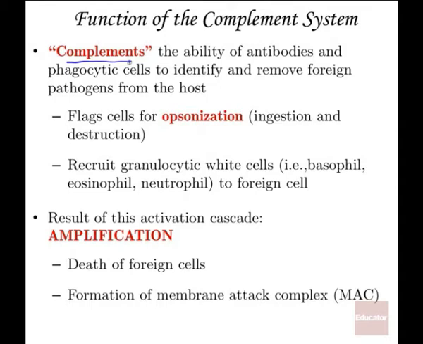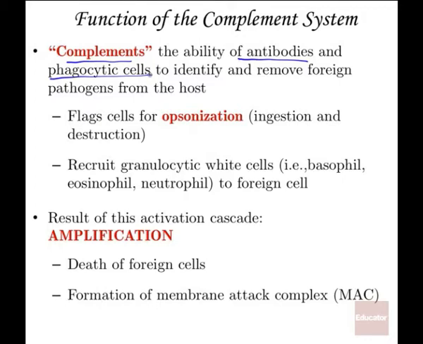But in some cases, the complement can actually destroy these pathogens directly. So it complements the ability of antibodies and phagocytic cells to identify and remove foreign pathogens. It also flags cells for what's called opsonization.